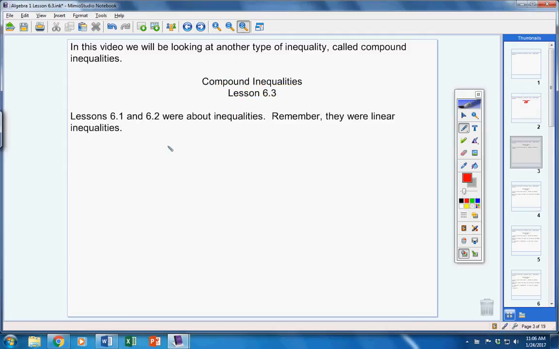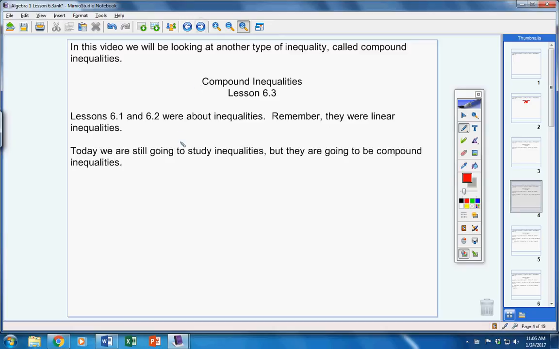Now, listen carefully. Lesson 6.1 and 6.2 were about inequalities. Remember, they were linear inequalities. Today, we are still going to study inequalities, but they're going to be a different type. They are called compound inequalities. Do you understand?